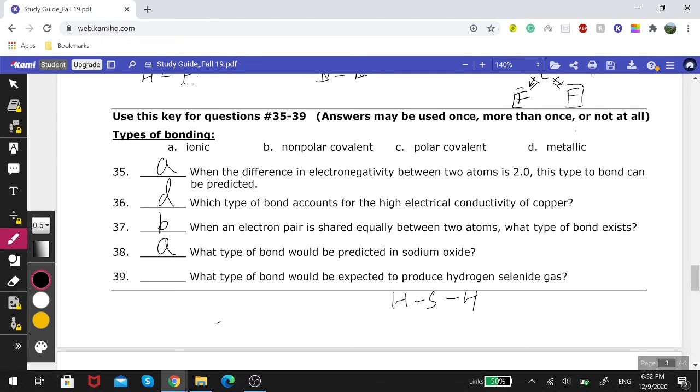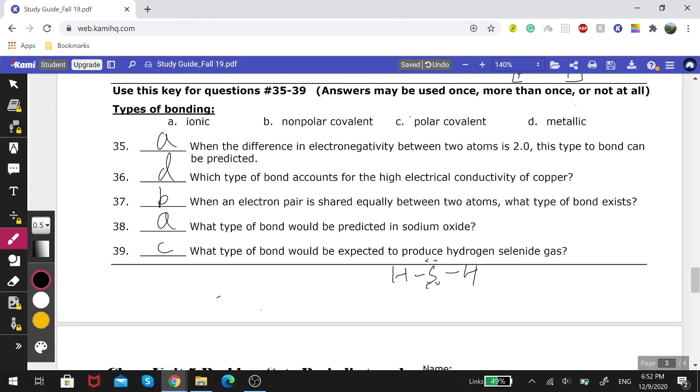S will have 6, 7, 8. So 8 valence electrons, 1, 2, 3, 4, 5, 6, 7, 8. And now due to these lone pairs, this will make it polar. So polar covalent, since the numbers are not far enough apart to become ionic yet, but S has lone pairs, and this makes it polar.